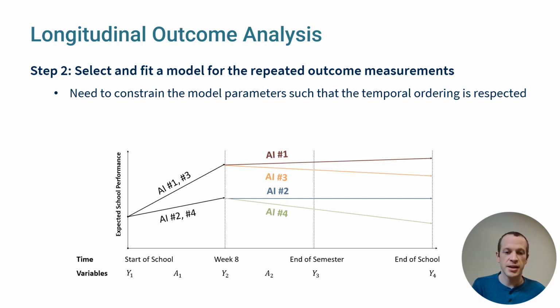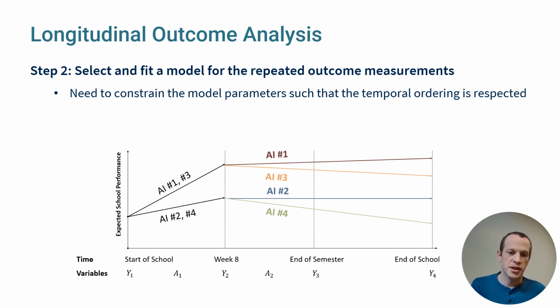Starting at week 8, we would expect the individual adaptive interventions to diverge again, and that's because at that point, the second stage intervention has been assigned. The participant either is assigned to augment or intensify their treatment, or if they're a responder, they just continue, right?